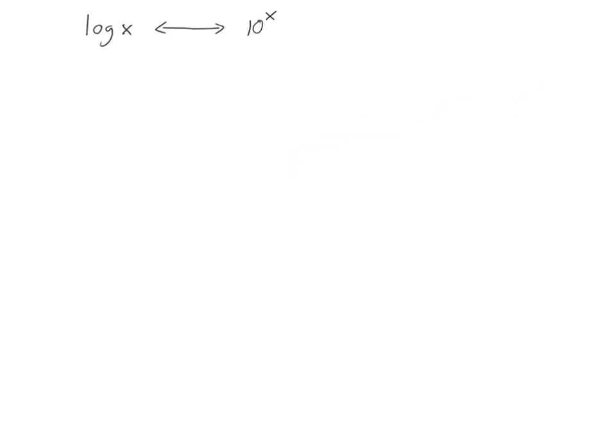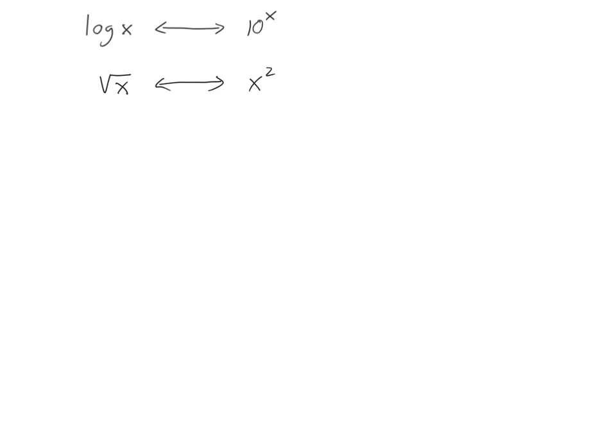Another way of thinking about what a log function is as the inverse of the exponential function 10 to the x. So 10 to the x and log x are inverses of one another. Let me give you an analogy. The function square root of x and x squared are also inverse functions of one another.